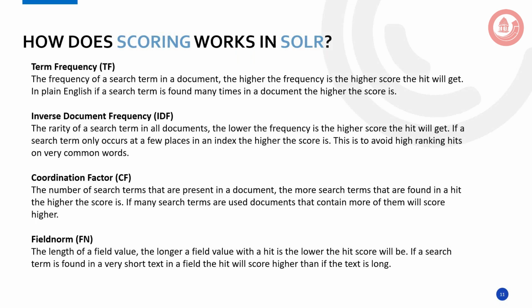So this is the high-level terminology: what is TF, what is IDF, what is the coordination factor and field norms. When we search a particular word in Solr, first it will check how many times that word occurs across all the indexes. Based on that, it will give us a ranking, that out of 100K, this document has this term frequency. If I search for, let's say, A, then it will search all documents.